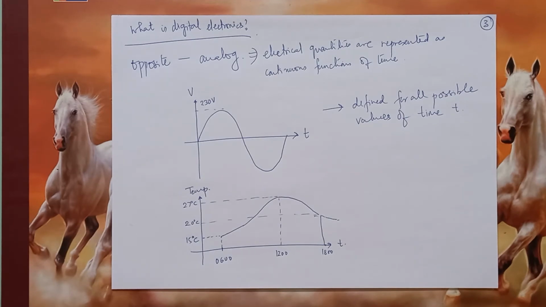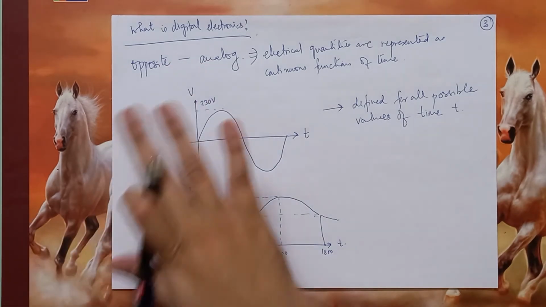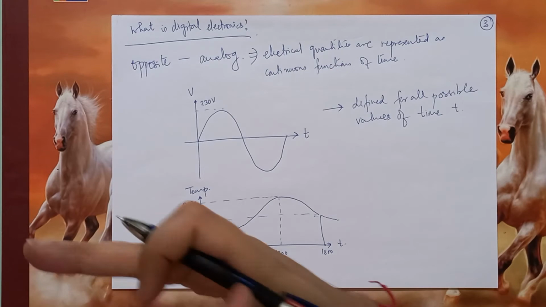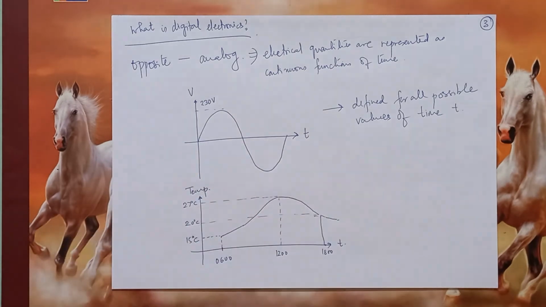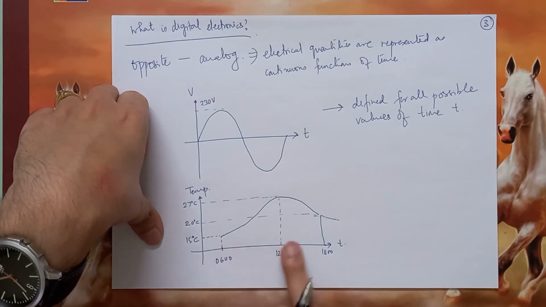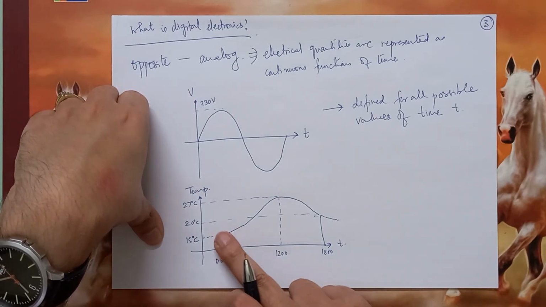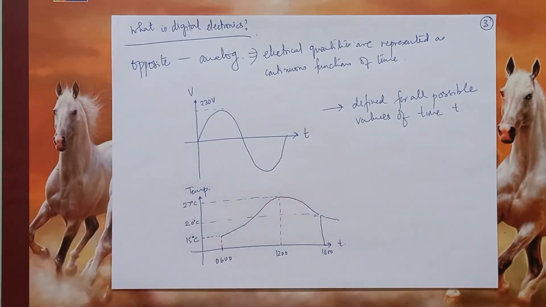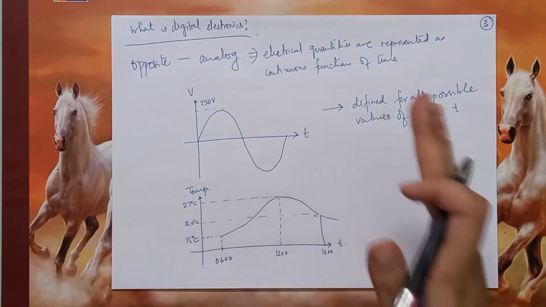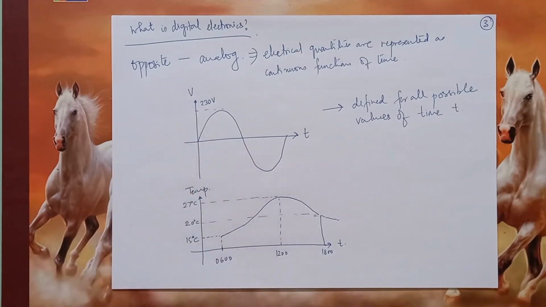So now we need to ask ourselves, the voltage is analog, the temperature is analog, that means they are continuously defined. For example, between 6 o'clock and 12 o'clock, there are an infinite number of time points. So that is like saying this temperature is a continuous function of time.